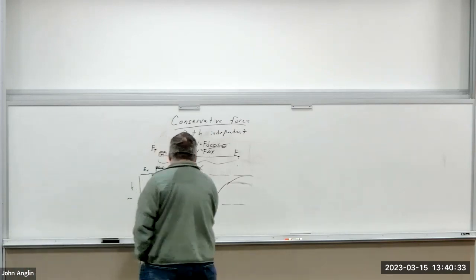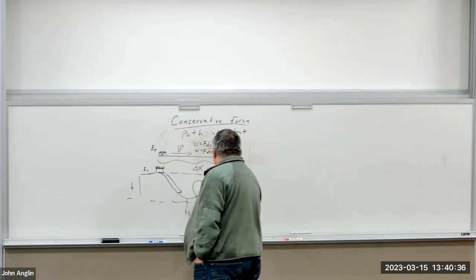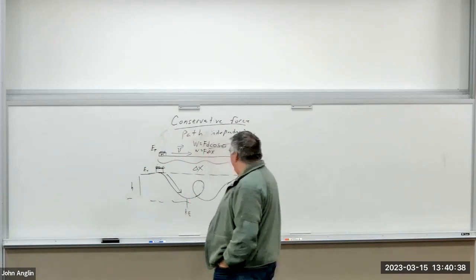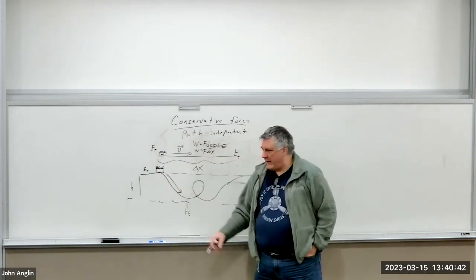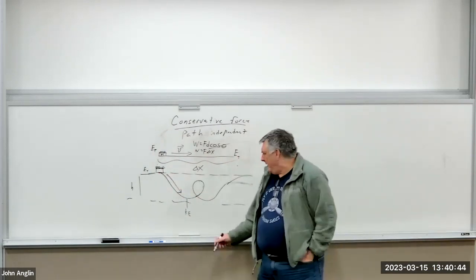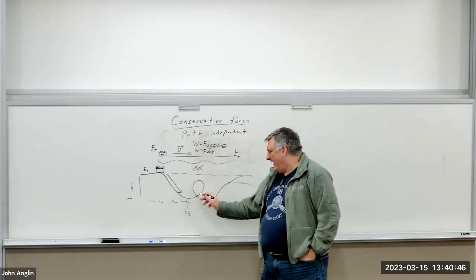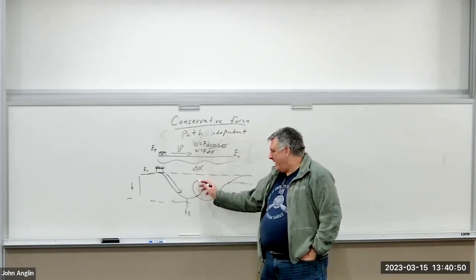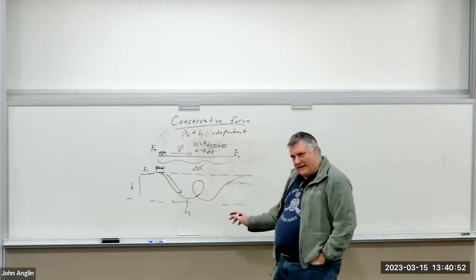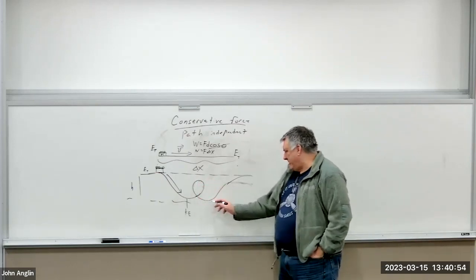We go through this loop. So we get to the top of the loop. Notice the top of the loop is lower than where we started. So we still have some energy left, even though we're losing some. And we're coming up around here. And then we drop off again, and we gain energy.